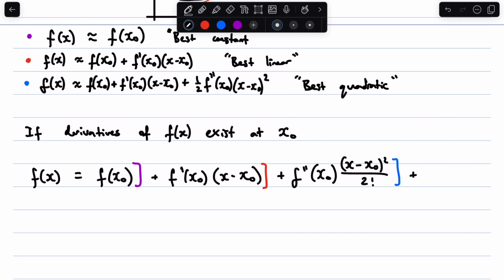And this can continue onwards until an nth term, so this would be f differentiated n times of x0 times by x minus x0 raised to the power of n, all divided by n factorial. And this can still continue onwards.